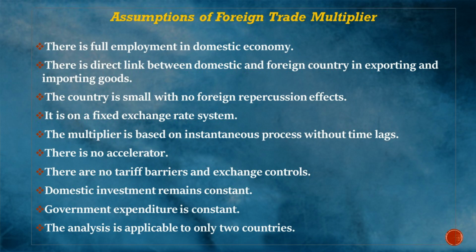Also, this is a two-country model. So these are the assumptions required to simplify the setting in which we can discuss the foreign trade multiplier. But as we move along, we gradually relax one or two assumptions to see what actually happens.